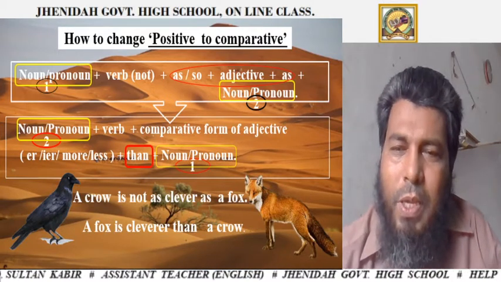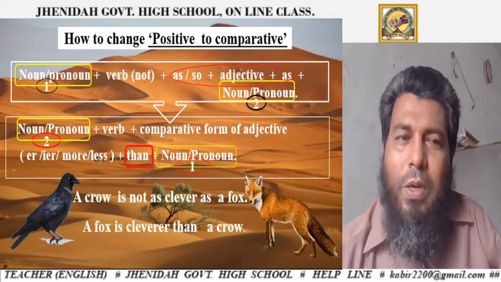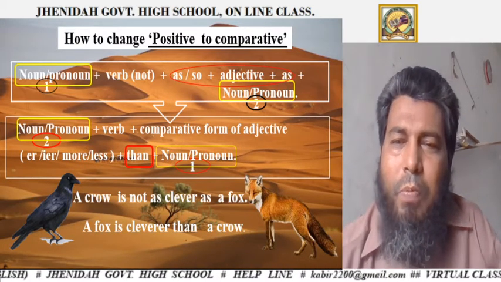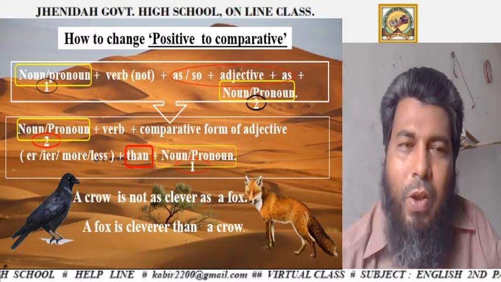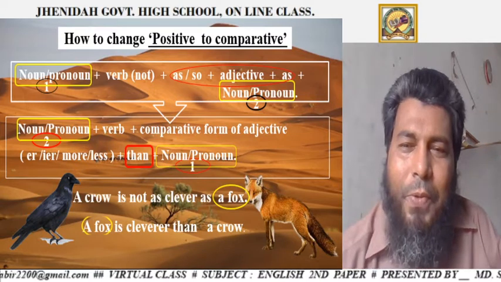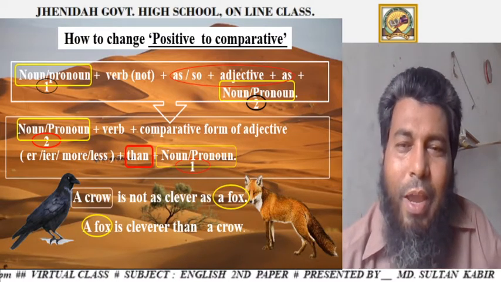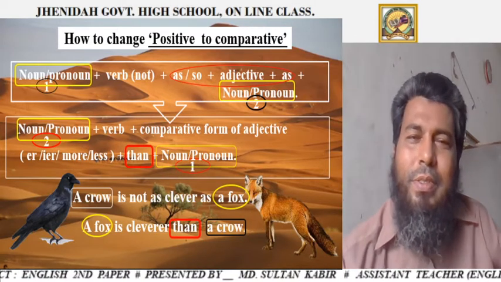And then the verb is. Look, there is no word not. Then the comparative form of the adjective clever, that is cleverer. Then at the end, a crow. So this is the second rule.